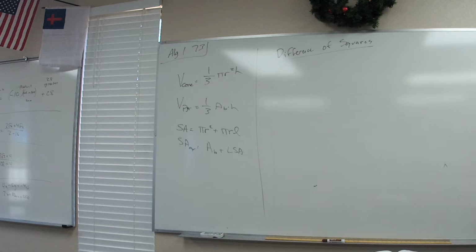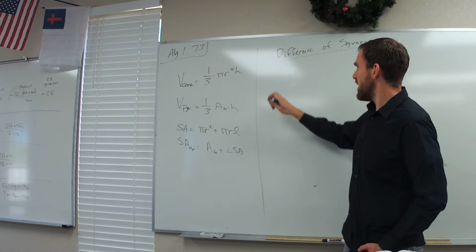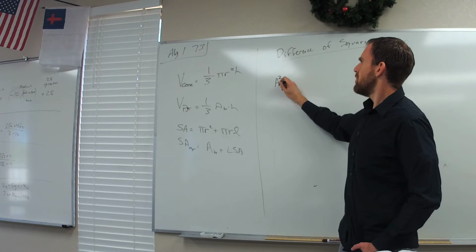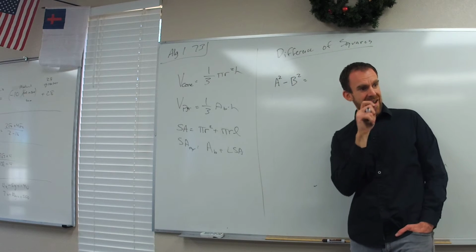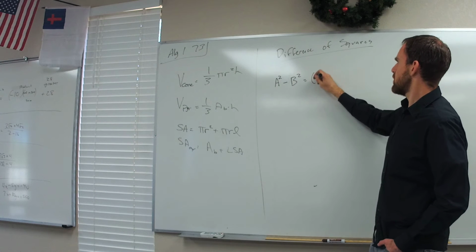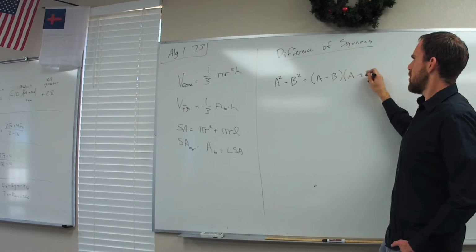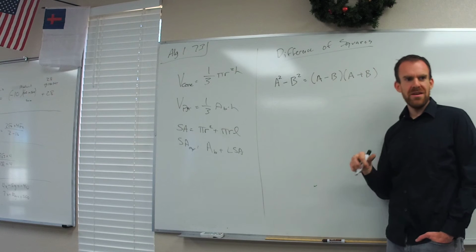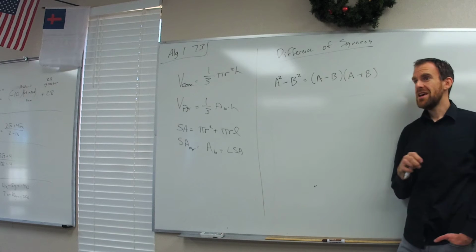Difference of squares: if you have something squared minus something squared, you can factor that as the following. A minus b times, did you write it down? A minus b times a plus b.